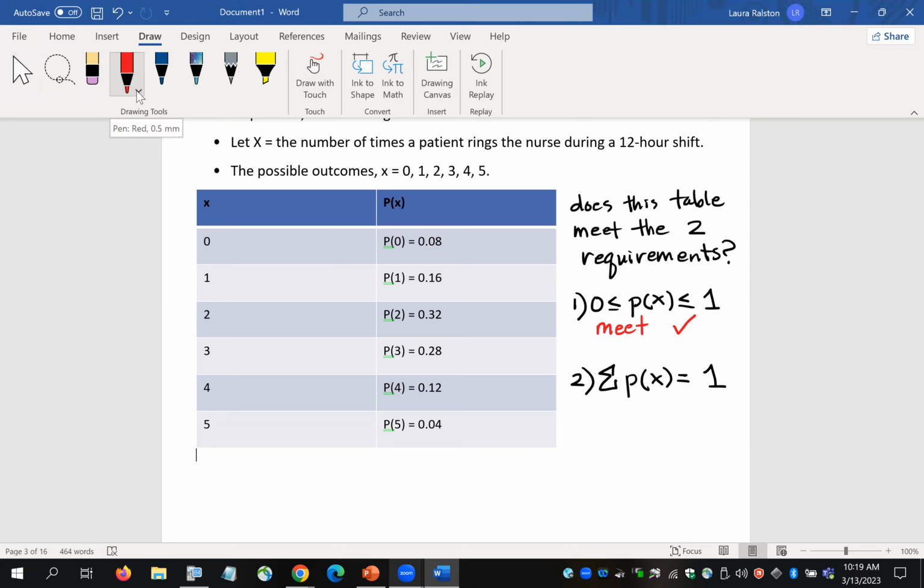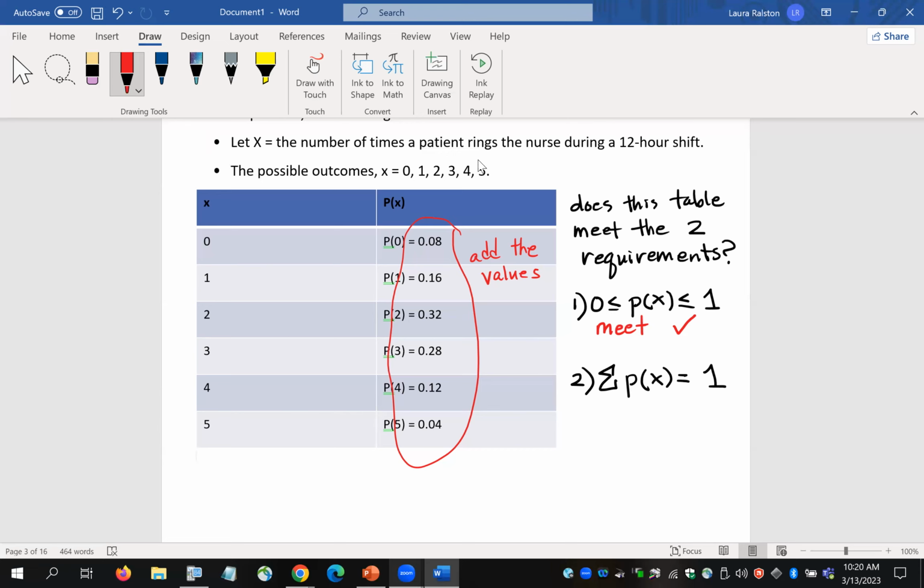Then the second one maybe is going to require a little bit more effort, because I need to see if these probabilities total to 1. So I'm going to take my calculator and add these values together. 0.08 plus 0.16 plus 0.32 plus 0.28 plus 0.12 plus 0.04.